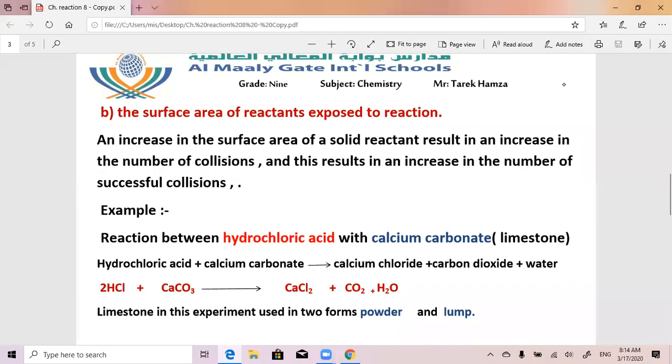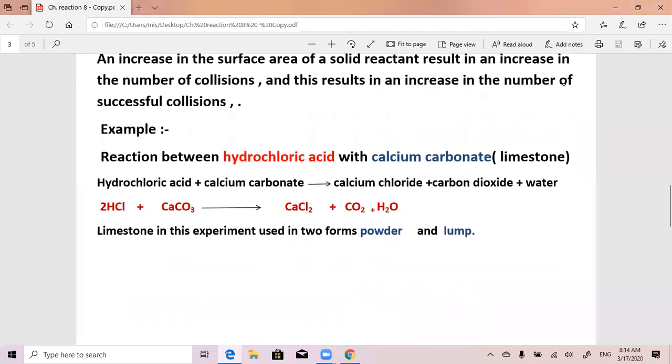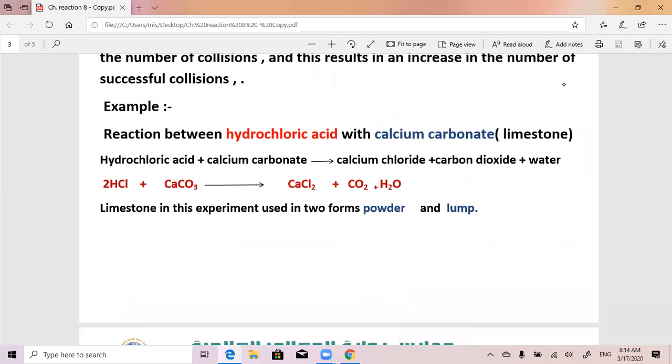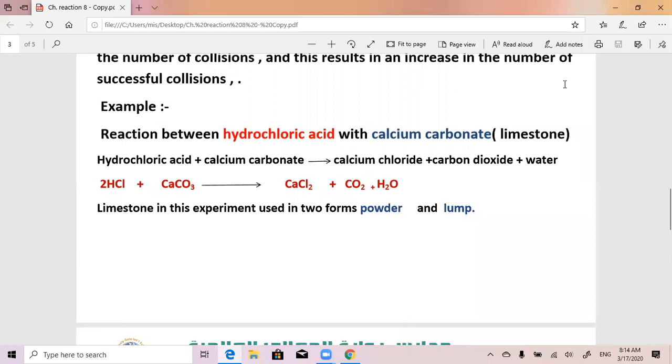We said here, the example here is the reaction between hydrochloric acid and calcium carbonate. The equation: hydrochloric acid plus calcium carbonate produces calcium chloride, carbon dioxide and water.